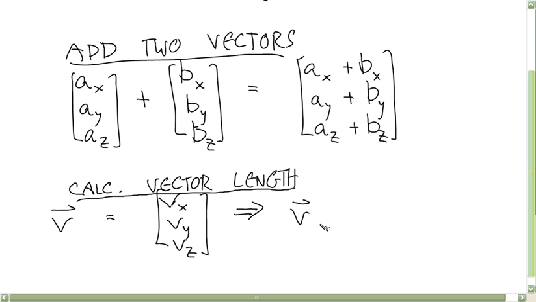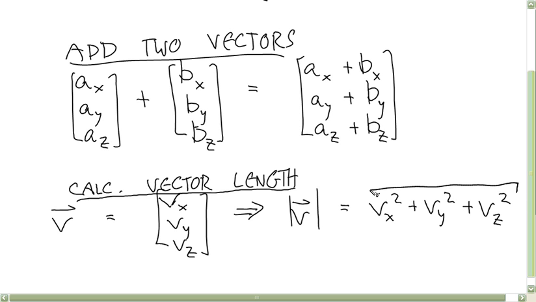Then the length of that vector v is the square root of Vx squared plus Vy squared plus Vz squared.